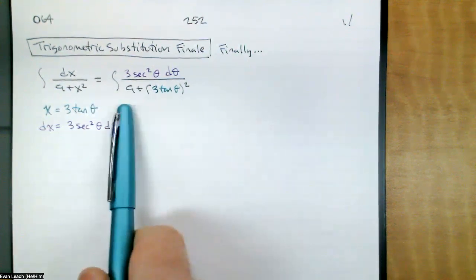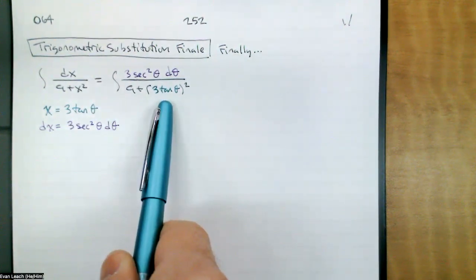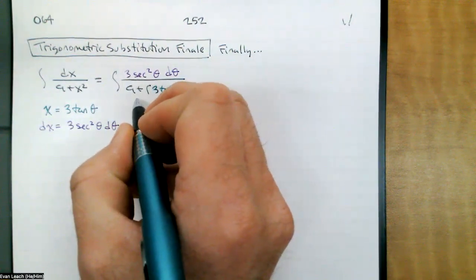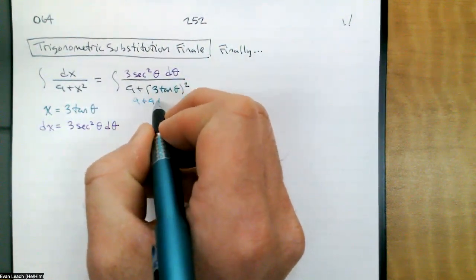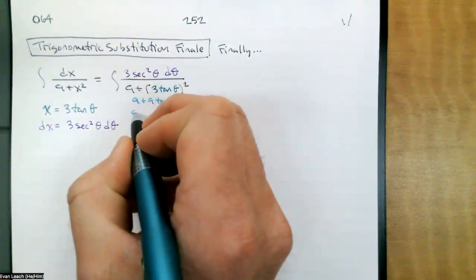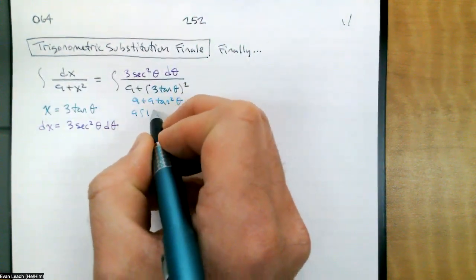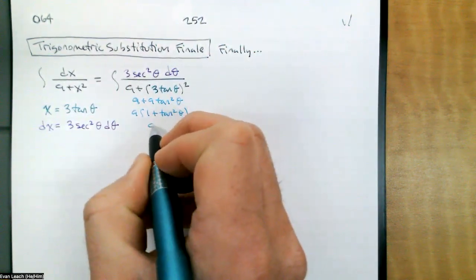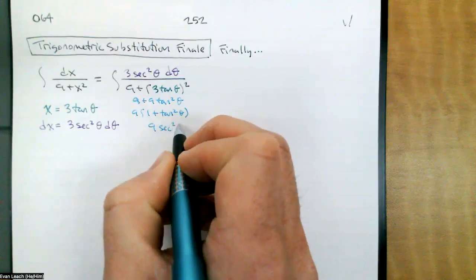We know that this is going to end up being a 9 secant squared theta. We're going to write it down because we're practicing. So this is 9 plus 9 tangent squared theta. We can take out the 9, and that reveals the 1 plus tangent squared theta. And so the denominator is 9 secant squared theta.